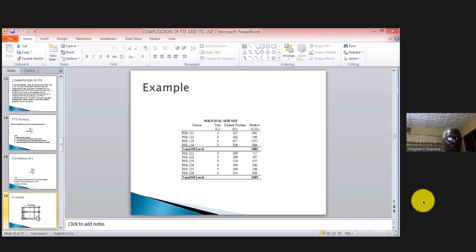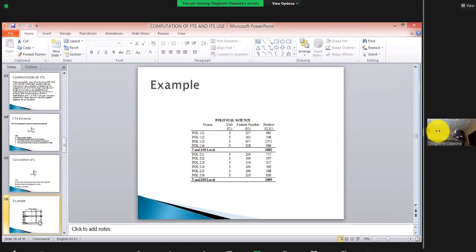Let's see an example. Example of political science. I have here all the programs taught by the Department of Political Science. For the 100 level, they have four courses, and you can see the units attached. 227, for instance, is the number of students registered for Pol 111 with 3 units attached.